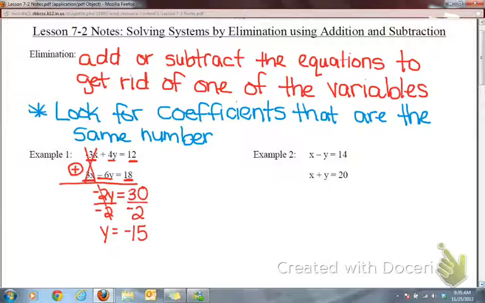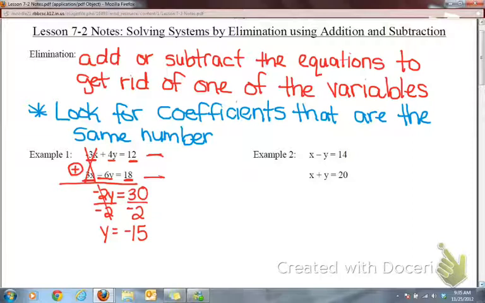Now, you still have to go back and figure out what x equals. And you have some choices. You can put the number that you just got for y equals -15. You're going to basically use substitution again, because you're going to put that in place of y in either of the top equations. You can use either one.